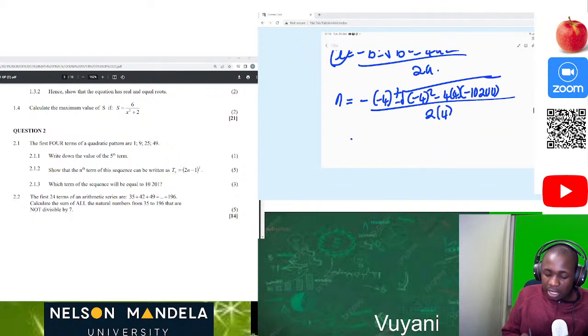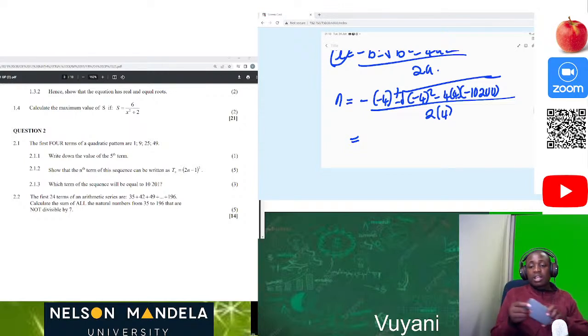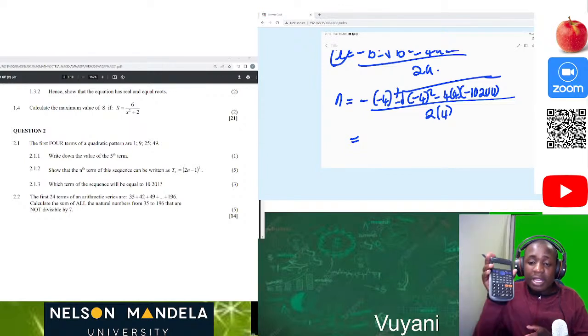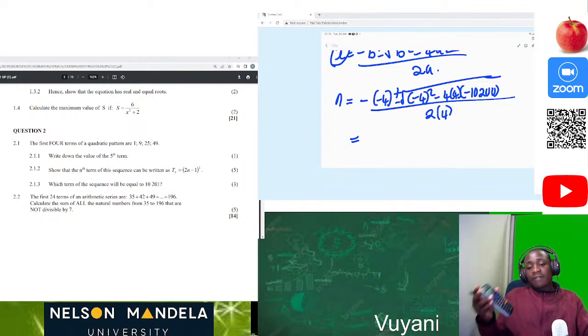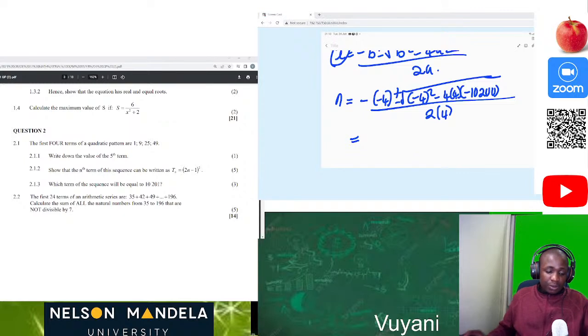Now we can use our Casio calculator to find the values. In grade 12, we usually use our Casio calculator so that we can find the values. So let's press our calculator: negative of negative 4 plus the square root of 4 squared plus 4ac, divided by 2a.